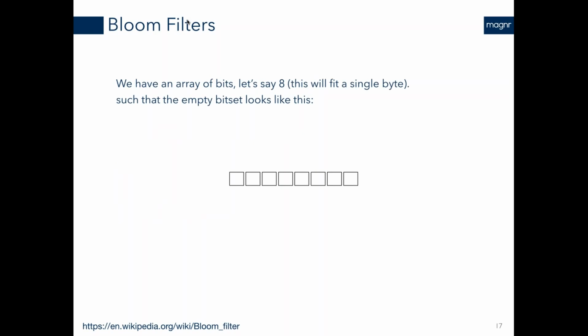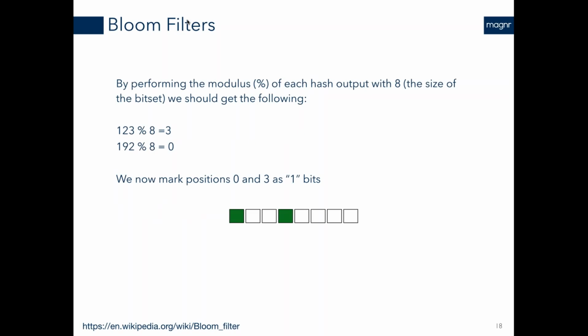If we now take an array of bits, let's say 8 bits, which we know will fit in a single byte, we'll call it a bit set. And this bit set is empty. There's nothing in this bit set. It's all zeros. If we now take the results we got from our hashing functions and we modulus each of those, so that's a mathematical operation, with the size of our bit set, then we can mark positions inside our bit set.